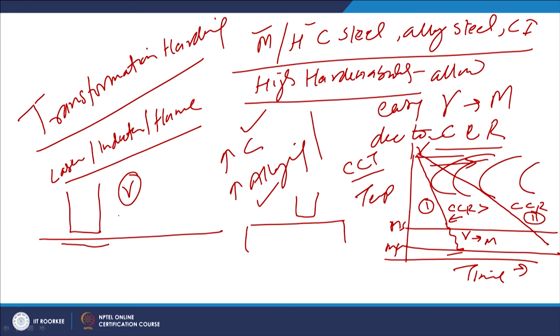Once it is heated to the austenitic state, followed by rapid cooling, it leads to the transformation from austenite to martensite. Since martensite is hard, it improves the hardness of the surfaces, which in turn improves the wear resistance of the material.